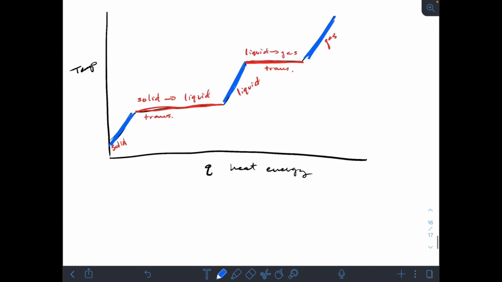So we have two different equations to worry about. Q for the warming or cooling is our old friend mcΔT. Notice that we have a temperature change, warming or cooling.